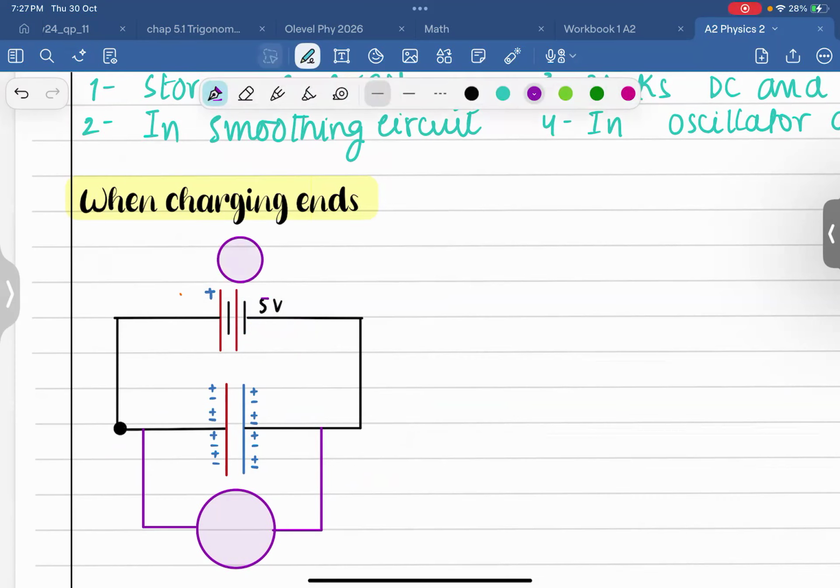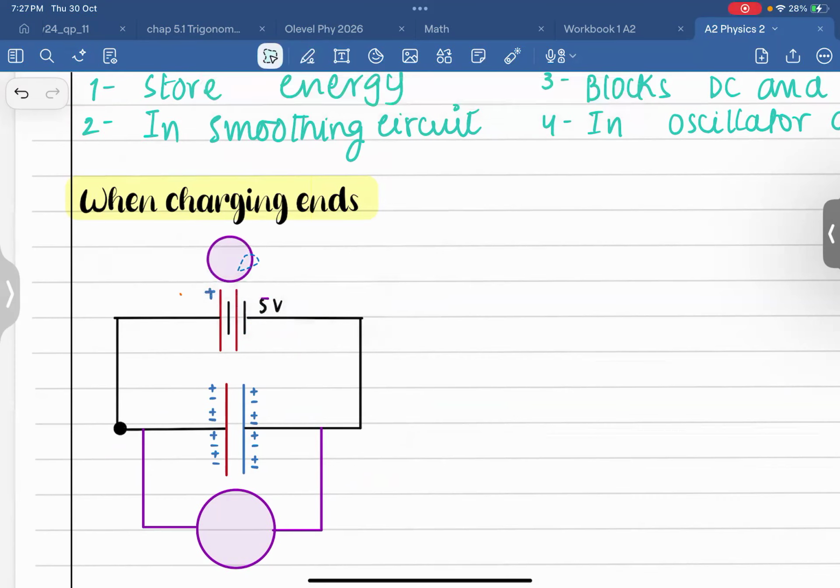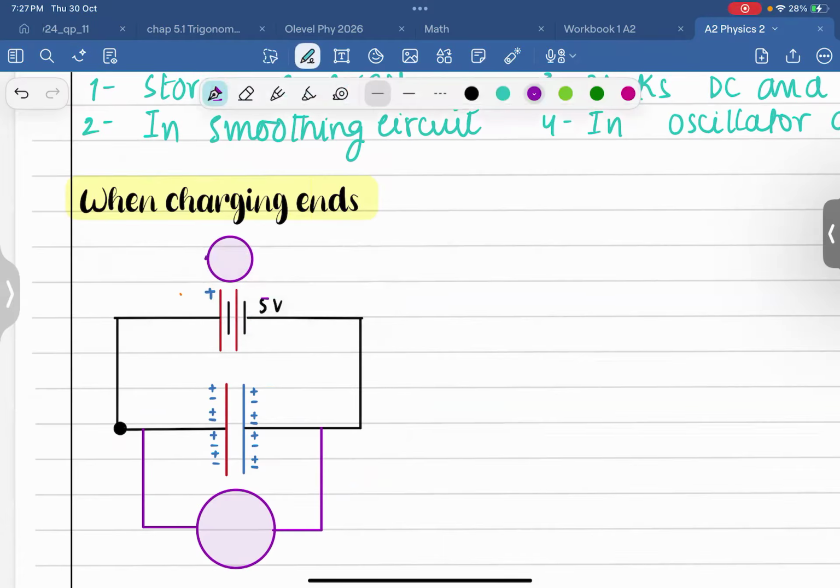And the wires are connected. Now these are the two wires.